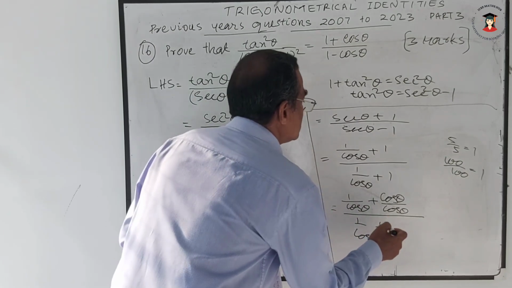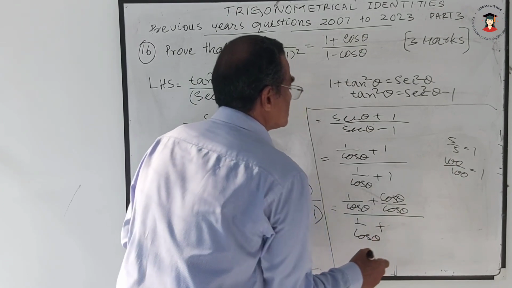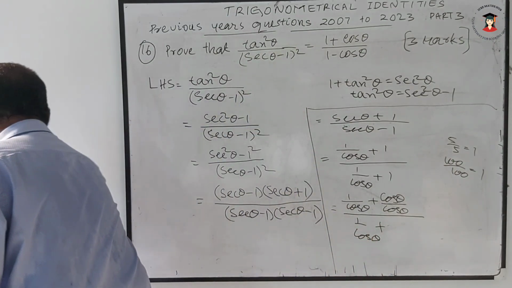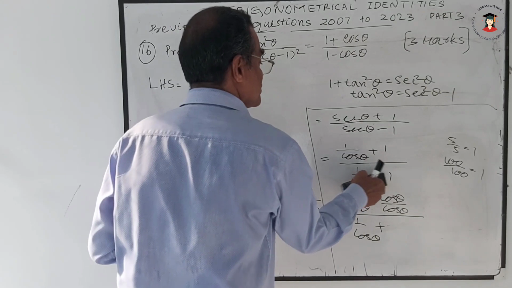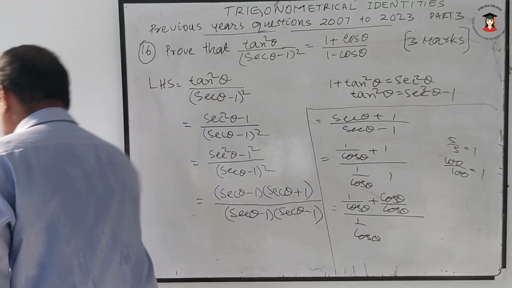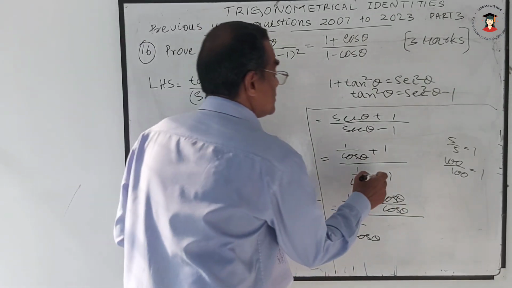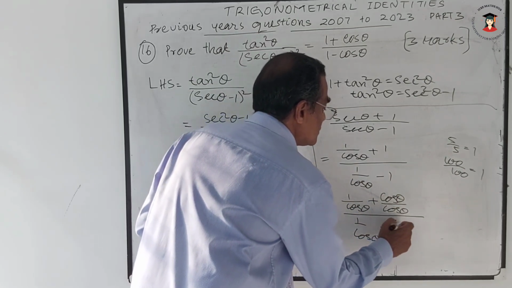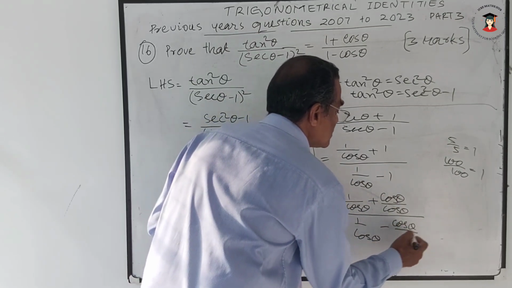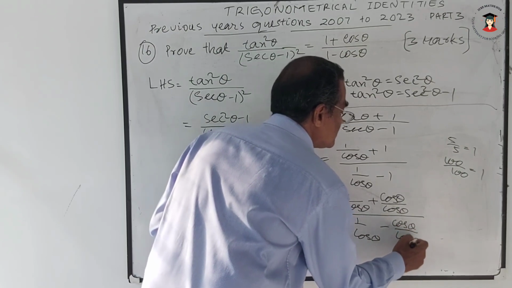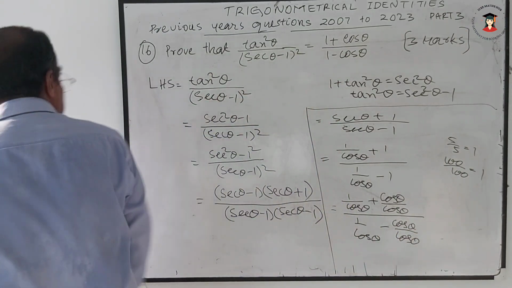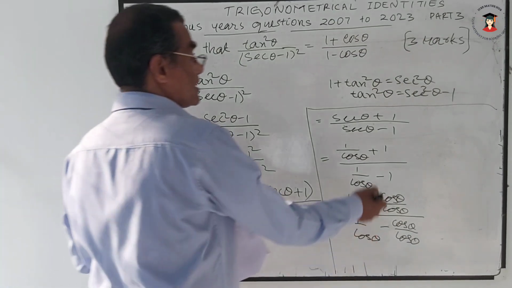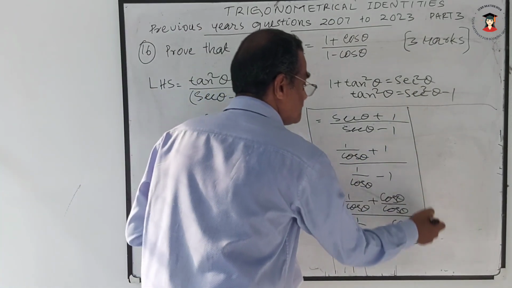Divided by 1 by cos theta, here the sign is minus, so minus cos theta by cos theta. For adding, I converted 1 like this.